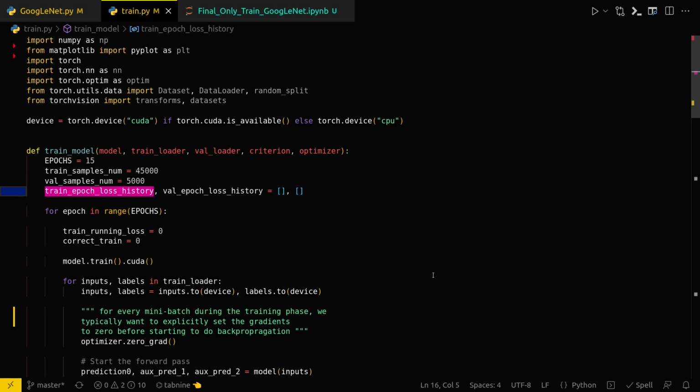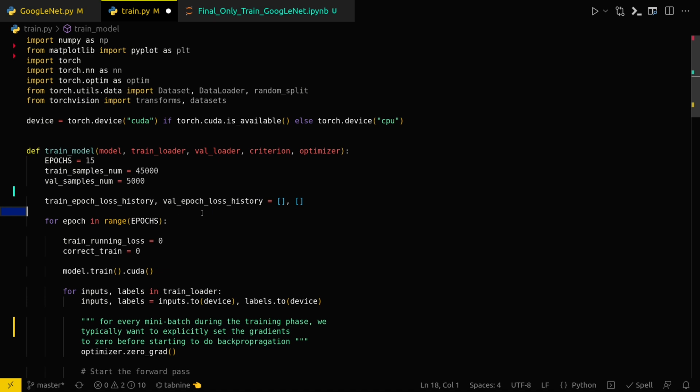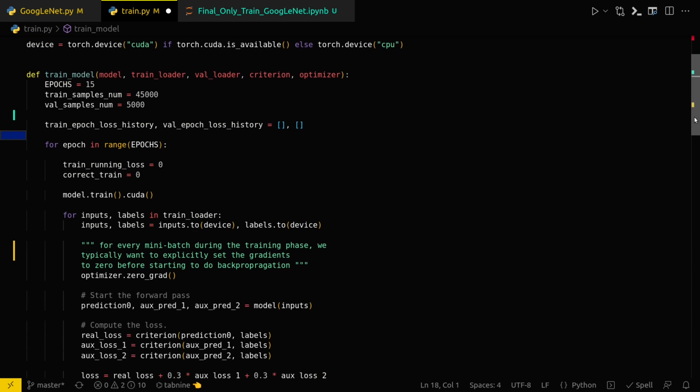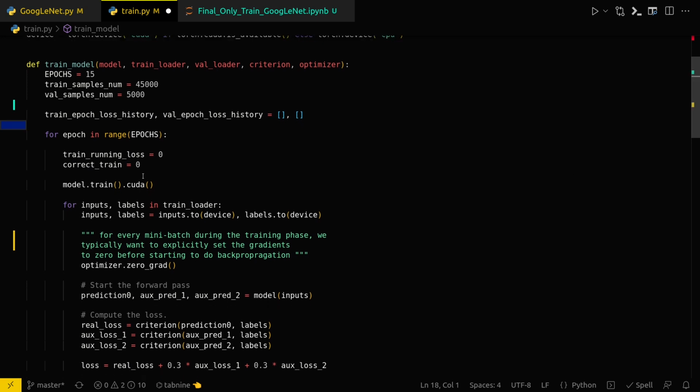And just declaring here in this line two variables to hold the epoch losses in lists, so that later I can plot them to check their movement across the epochs. Now I have two loops, an outer and an inner loop. The outer loop will be for each epoch, and the inner loop will be for each batch.